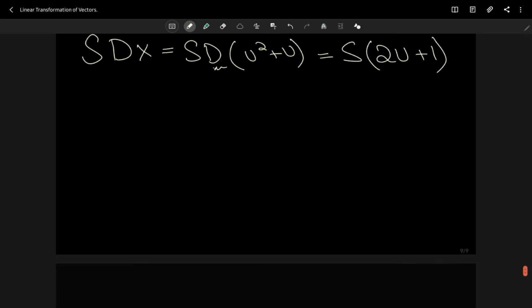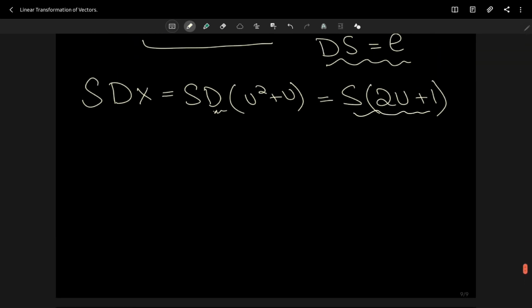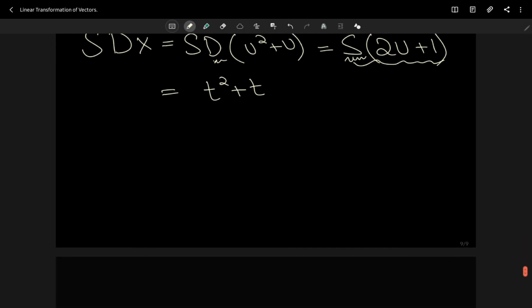Now if I integrate this function 2u plus 1 with my limits from 0 to t as defined by this S, it gives me t squared plus t. So even right now it appears that SD is identity, right? If I take a derivative and then apply integration, I get back the identity.